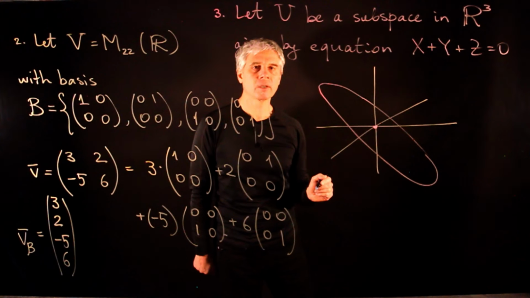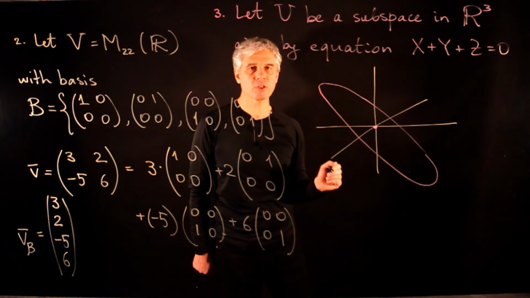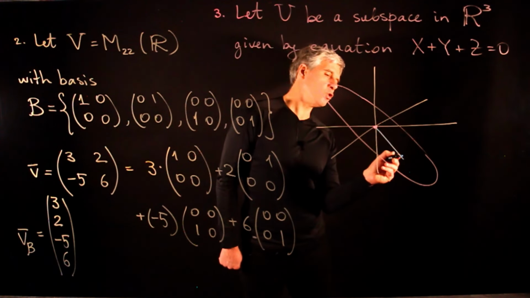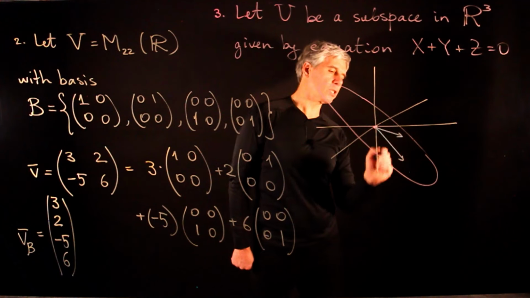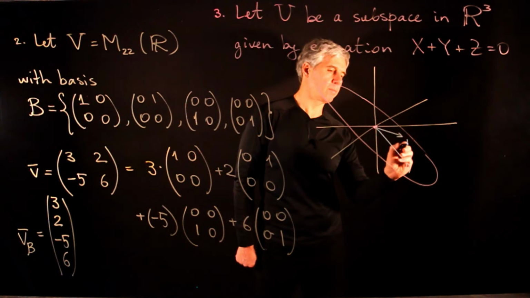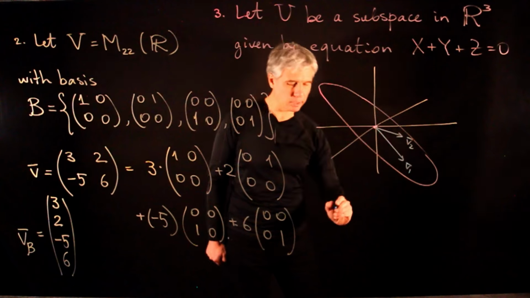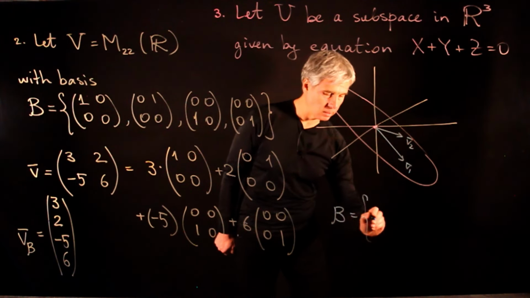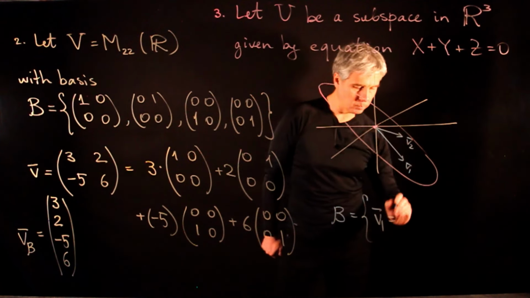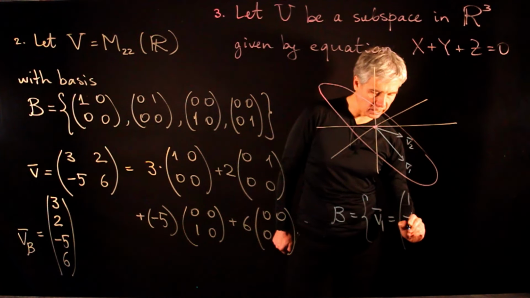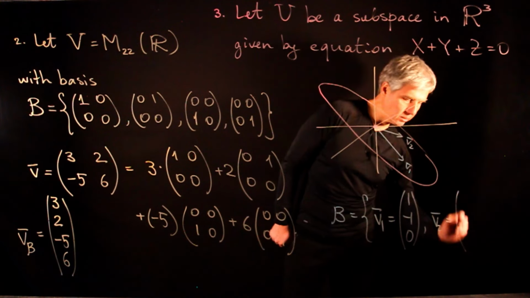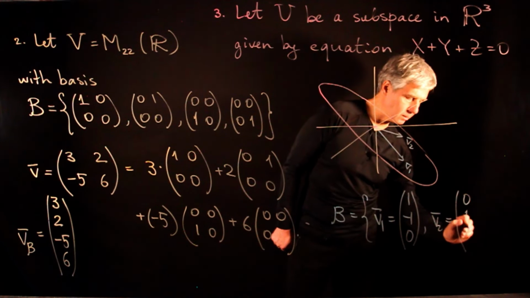In this example, U is a plane in 3-dimensional space, and in order to construct a coordinate system inside U, we need to choose 2 non-proportional vectors in this plane. For this particular example, we can choose the following 2 vectors. We can take v1 to be 1, minus 1, 0, and v2 to be the vector 0, 1, negative 1.